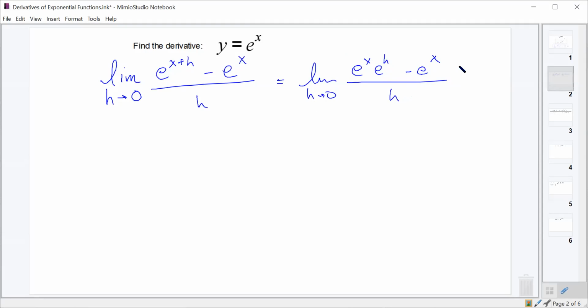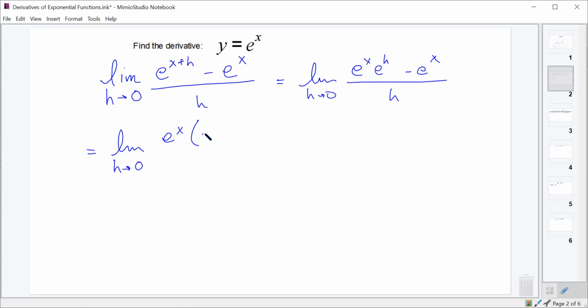And so now what can I do with this? Now the numerator has something in common, right? Can I get the limit? What can I do with this numerator? Factor out e to the x.